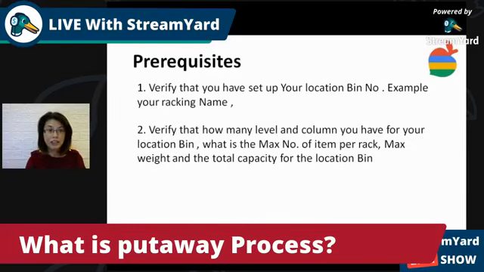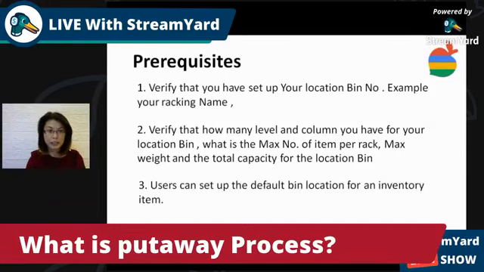Second, you have to verify how many levels and how many columns you have for your location bins, what the maximum number of items per racking or the maximum weight is, and the total capacity for each of the location bins. Thirdly, users can also set up default bin locations for an inventory item, so that when the item is received into your warehouse, your workers know which bin locations to place the item in, or which bin locations to pick an item from.